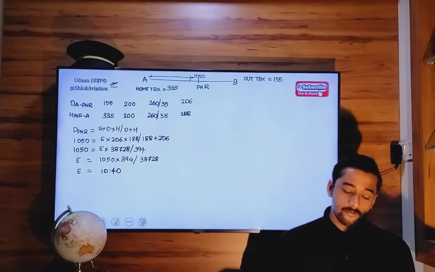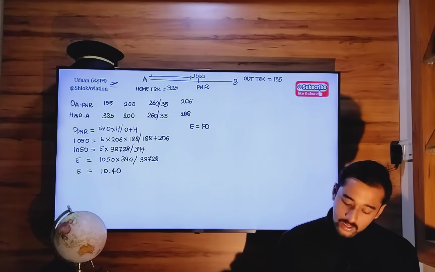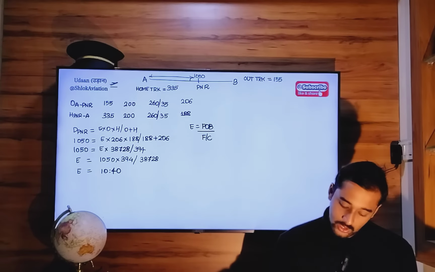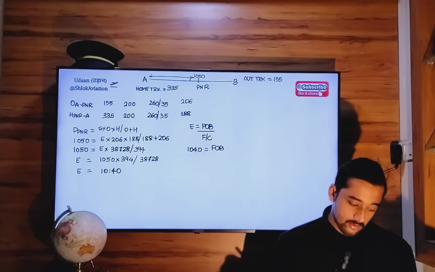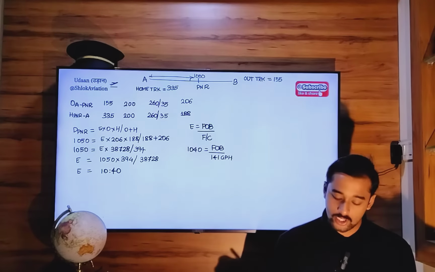Now we have to find fuel on board. Endurance equals fuel on board divided by fuel consumption. So 10 hours 40 minutes equals fuel on board divided by fuel consumption of 141 gallons per hour, given in the question.